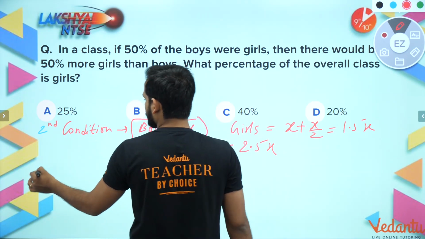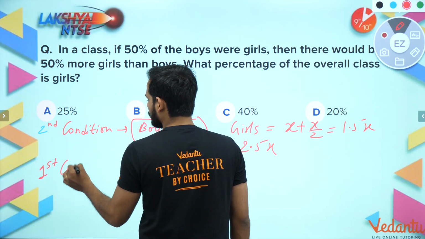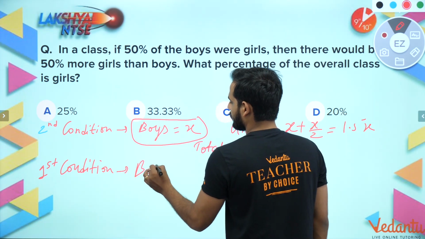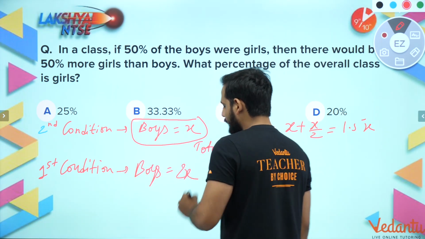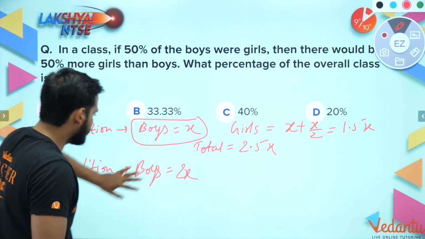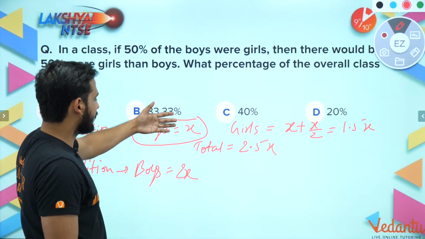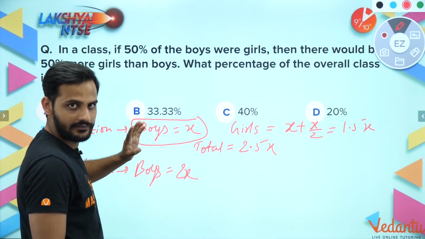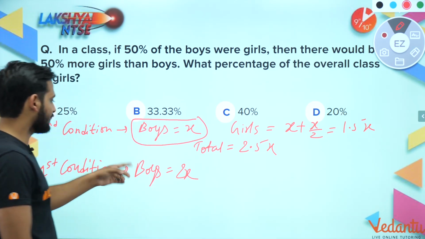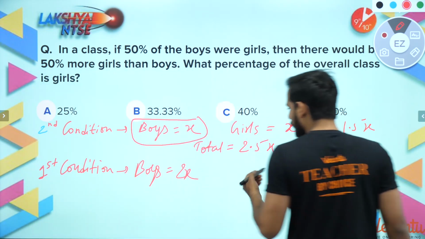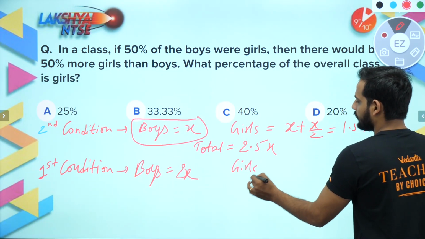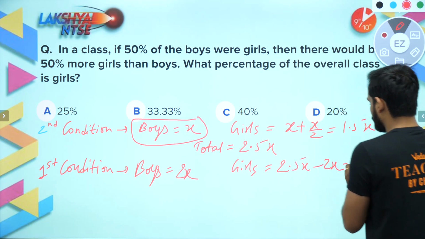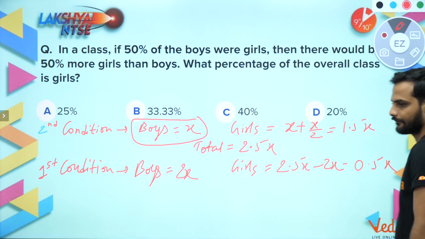So in the first condition, that means in the original condition, I can say, sir, boys are 2x. That is why in the previous case we have shifted half of the boys, we have converted them to girls, so only x boys are left. Correct? So in the original condition, boys are 2x, and since total class strength is 2.5x, I can say girls were 2.5x total minus boys, which is 0.5x.